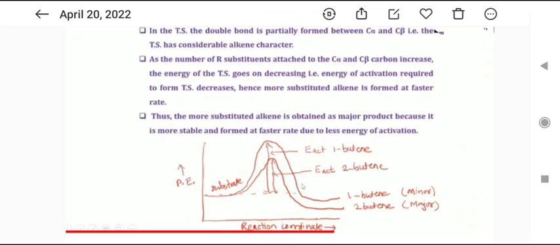Here 1-butene is the minor product, which has higher activation energy, and 2-butene has the lower activation energy, so 2-butene is the major product.